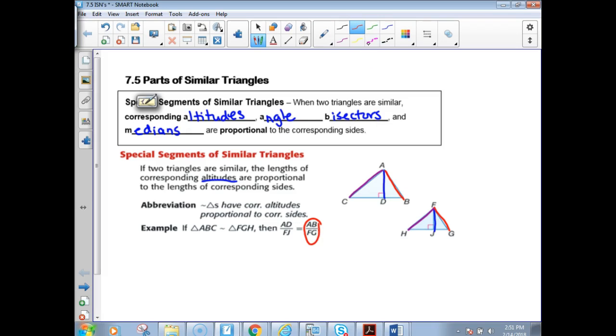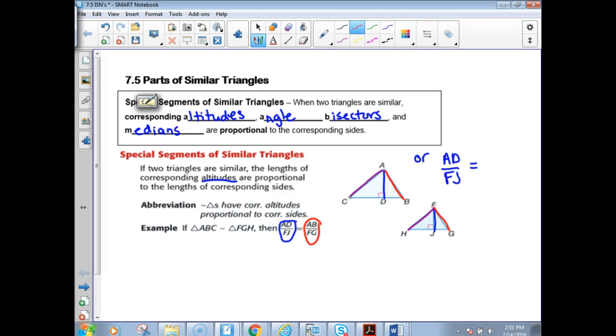But I want you to realize that each one of the ones we're going to write down today actually has more than one proportion setup that you can do. Oh, I colored the wrong thing. I made the altitudes blue. All right, so what I was going to point out is you could have done AD is to FJ as AC is to FH also, right?